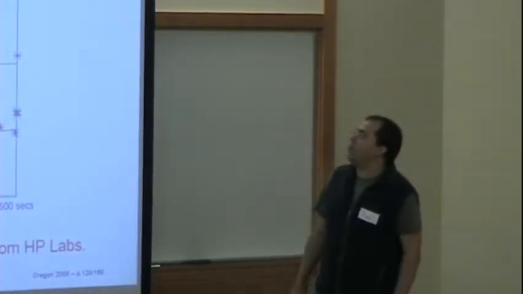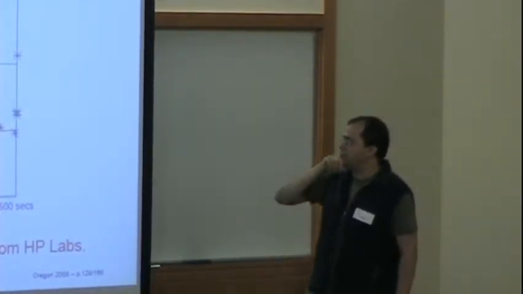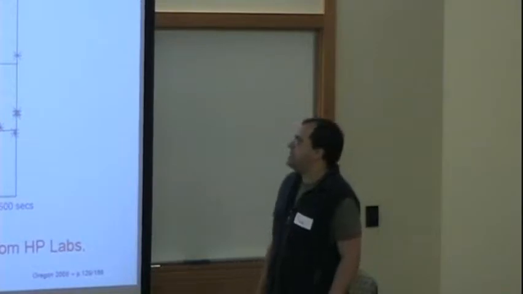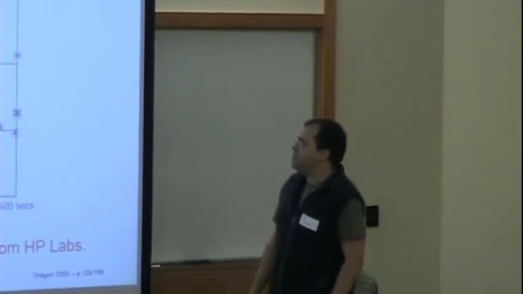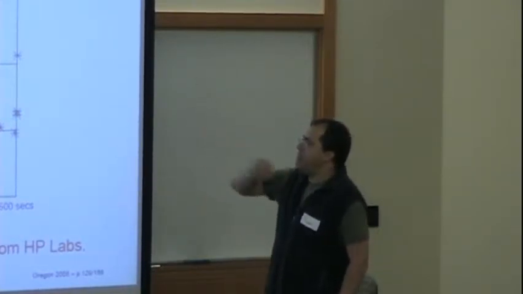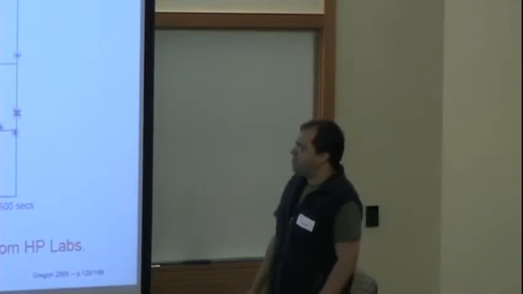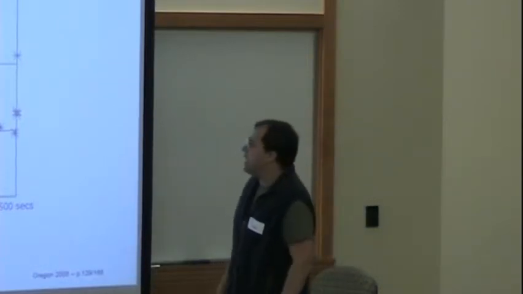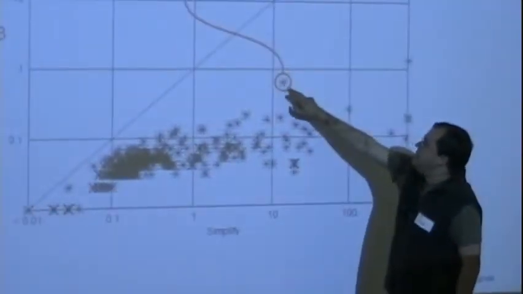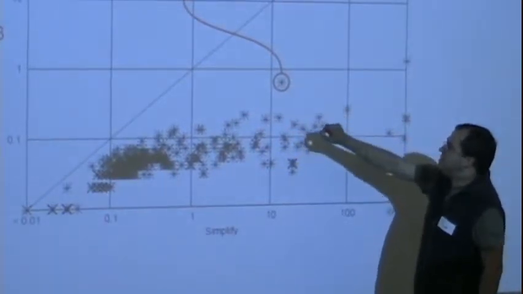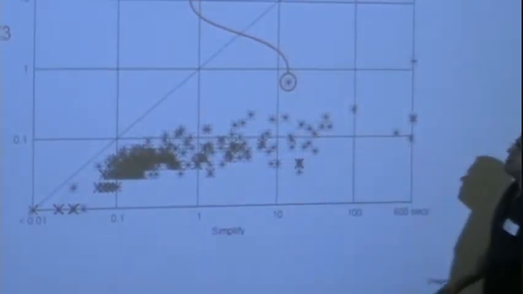Here's a comparison with Simplify on the Spec# benchmarks, right? Some of the benchmarks Rustan had. Basically, in this graph, each star is a little benchmark, right? At this point, for this one, Z3 took 0.63 seconds and Simplify 13 seconds.